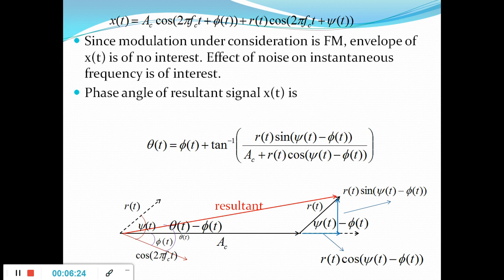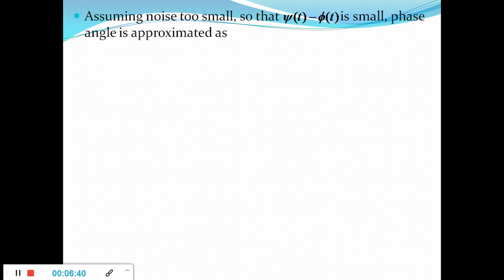Therefore, theta of t is equal to phi of t plus tan inverse of r of t sin psi of t minus phi of t divided by AC, if the noise vector is much smaller than the signal vector. And again, tan theta is approximated to theta for small values of theta.